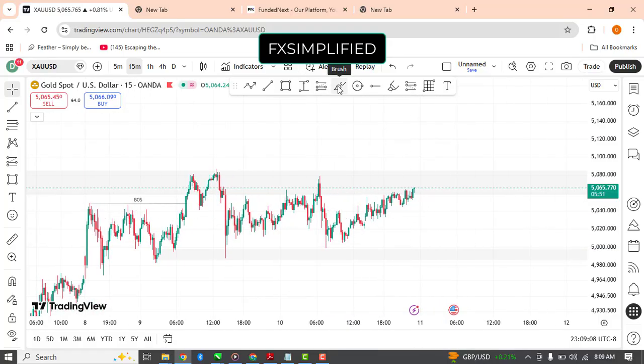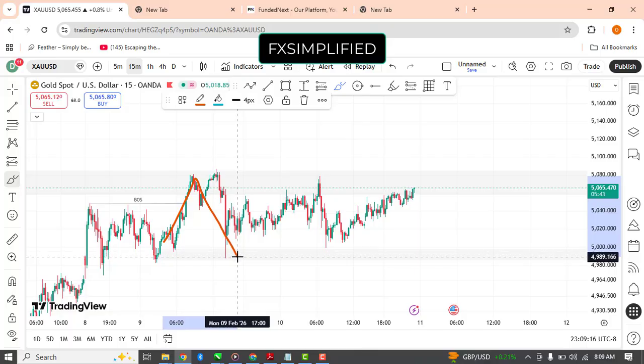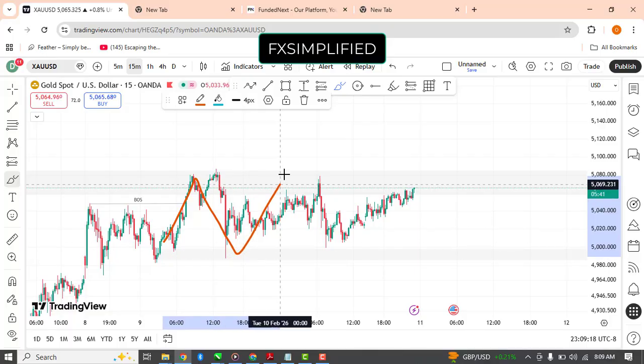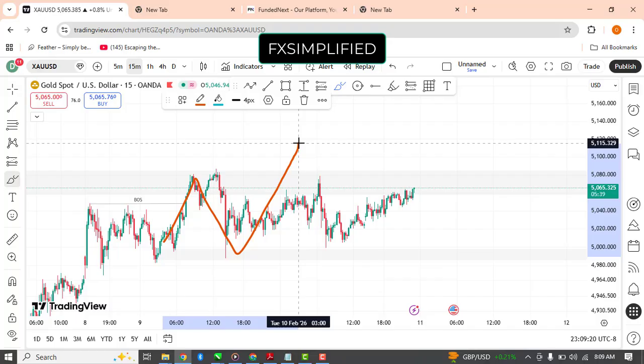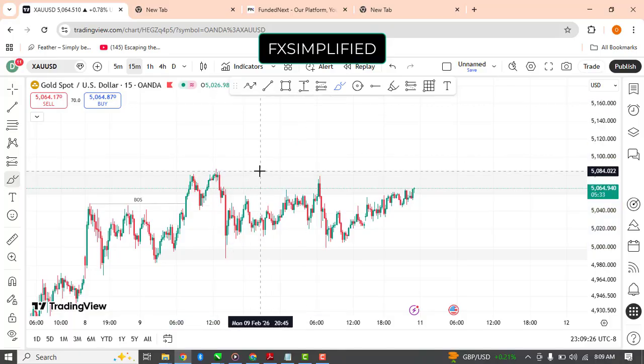Because what I am expecting right now is that price has created a new higher high and a new higher low. Now I'm expecting price to create a new higher high when price breaks through this demand supply area.